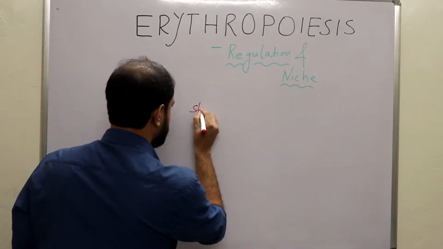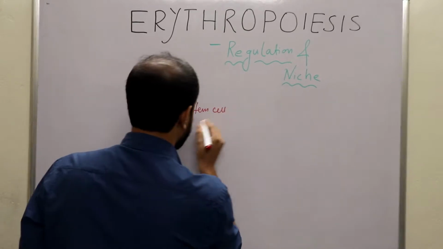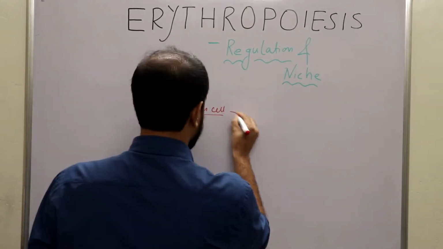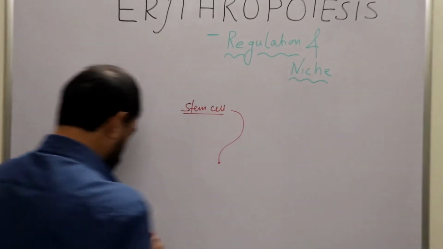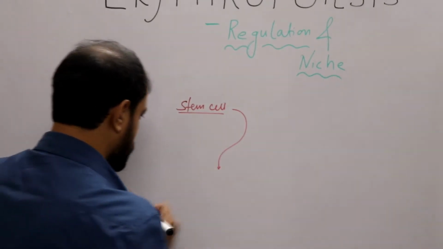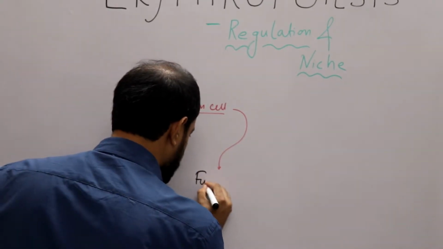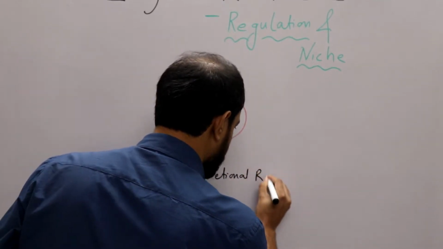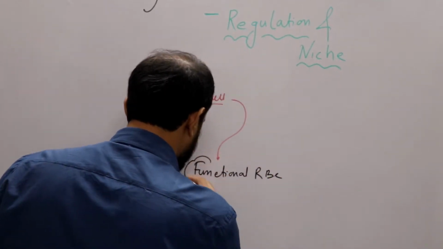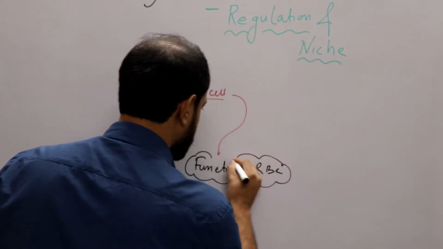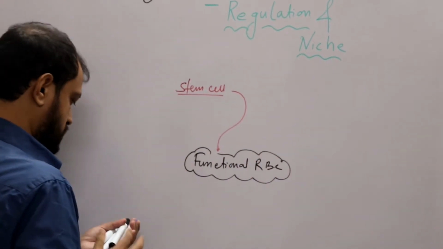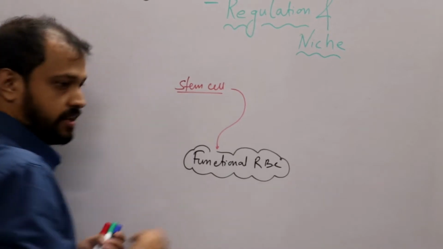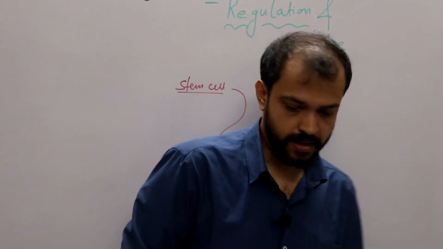Suppose any stem cell is converted to a working, functional RBC. This conversion process is called erythropoiesis.